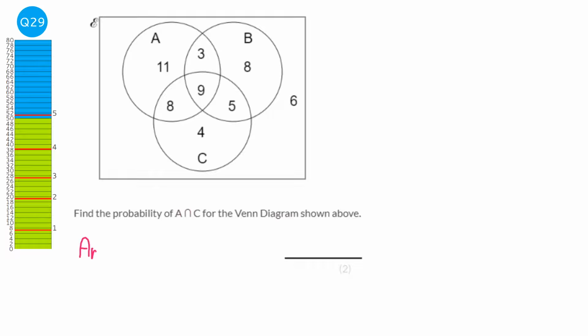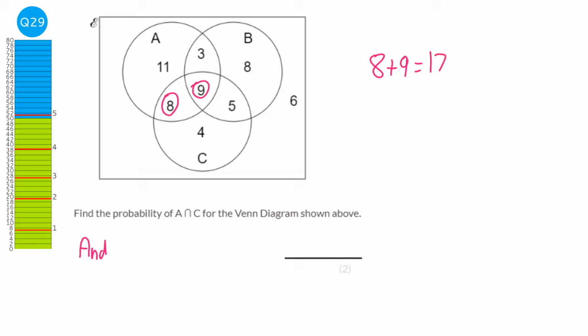So the symbol here basically means and. The way I remember it is if you draw that symbol and just put a line through it, you can make the word and. So we're looking at the probability of getting something that is in A and C. So the only ones that are in A and C are this 8 and this 9 here. So we're going to just add the 8 and the 9 together, which give us 17.